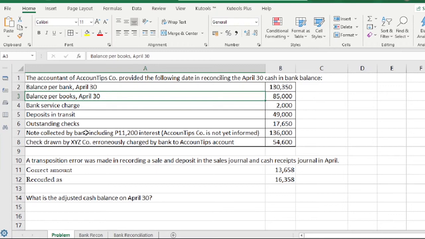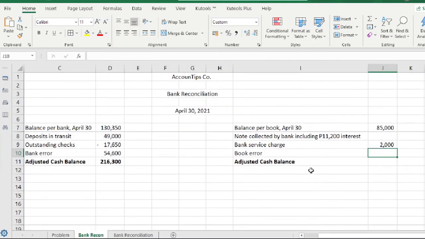The amount that must be added must include the interest of 11,200. So, we have to make an addition for the full amount of 136,000. So, we can now input it in our solution. Right here. Notes collected. 136,000. There.